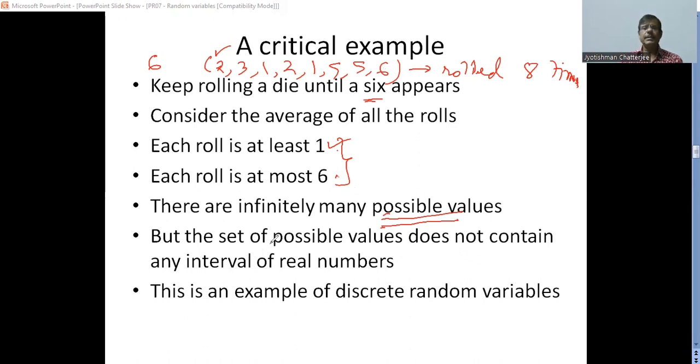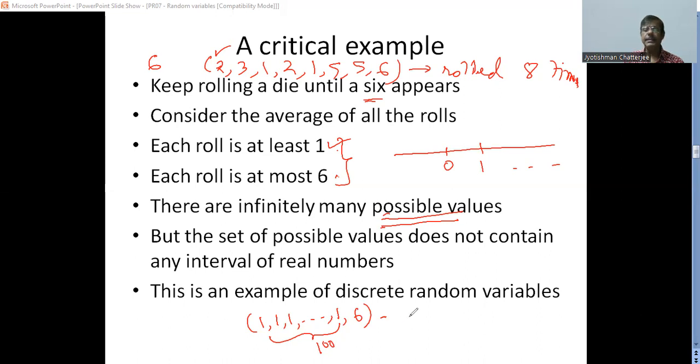Now the question is written this way. See that this is the real number system. Here is 0, here is 1, and so on. Now, this is also a possible outcome: 1, 1, 1, 1, maybe say 100 times, followed by 6. This is also a possible outcome of the random experiment.